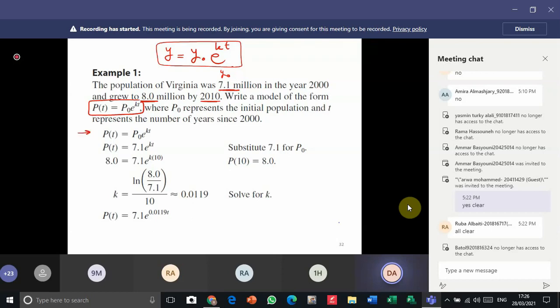So this is the initial, and we need to find the k. How can we find the k? From another given value in the future. For example, we have 8 million after 10 years, from the year 2000 to 2010.